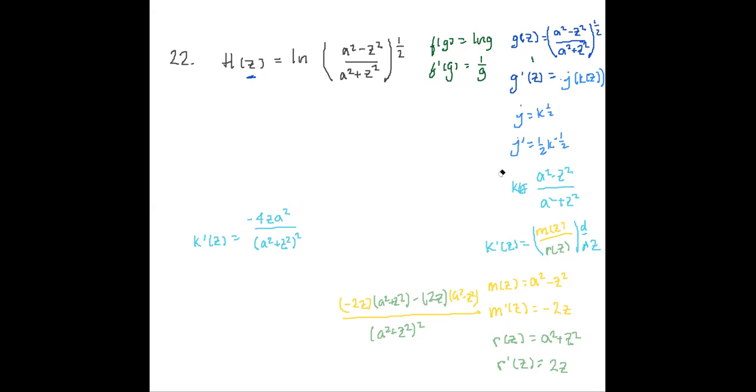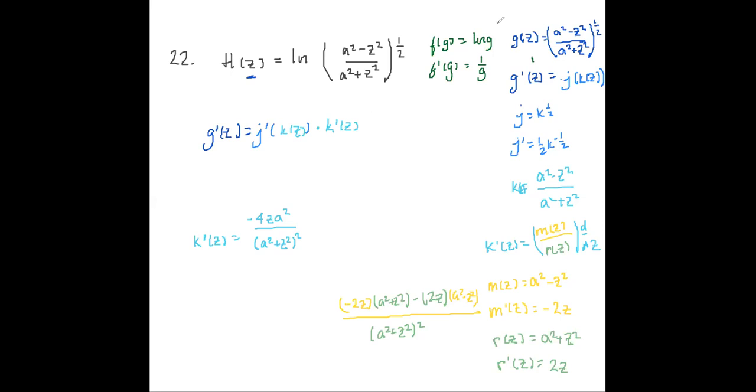Now I have all of the components I need to find my original g prime, right? Where g prime is going to be equal to, as we said, j prime of k times k prime.